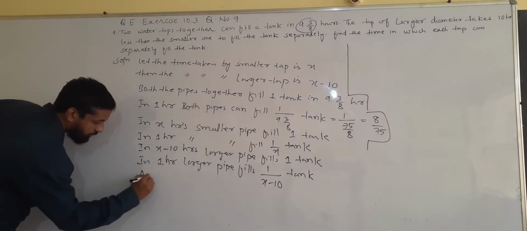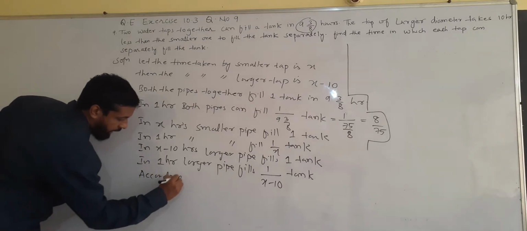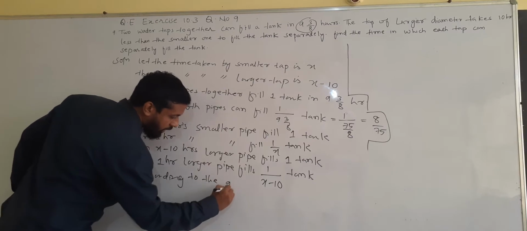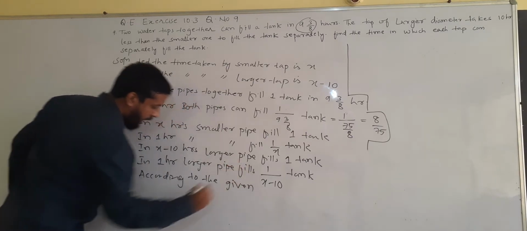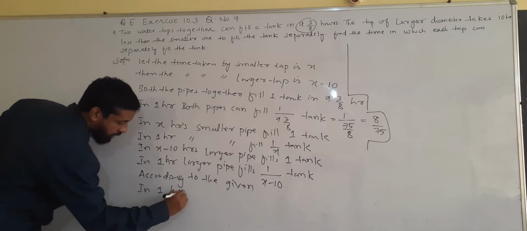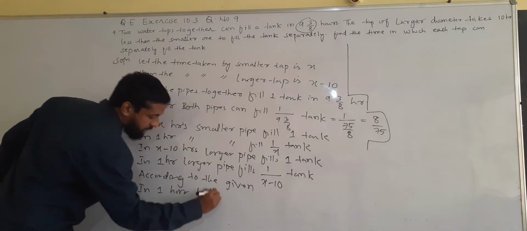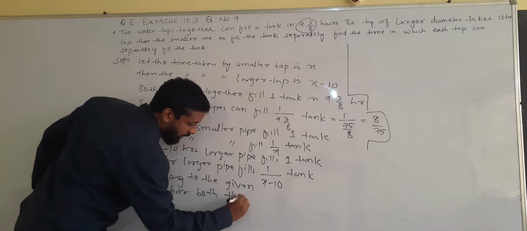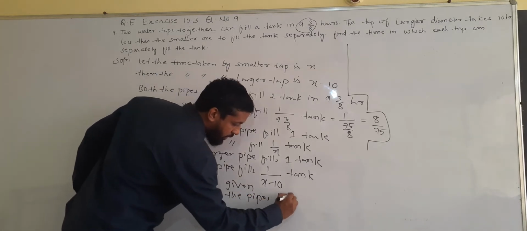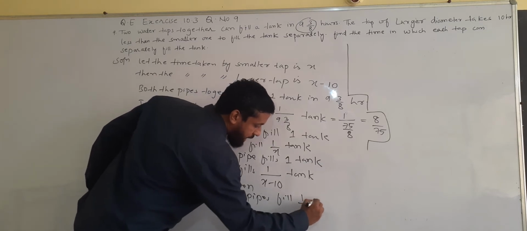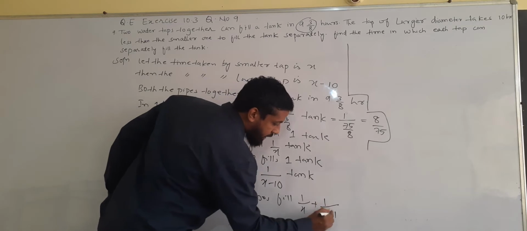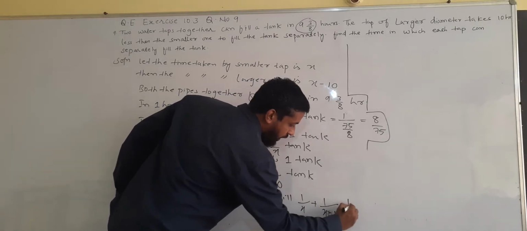According to the given, in 1 hour both the pipes fill 1 divided by x plus 1 divided by x minus 10 of the tank.